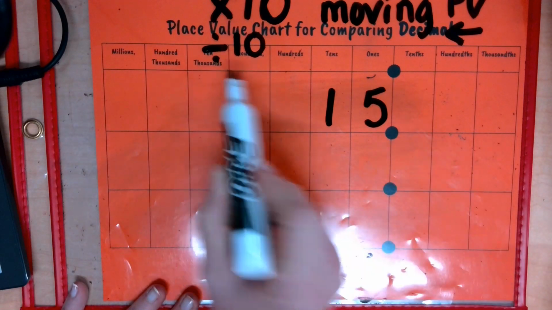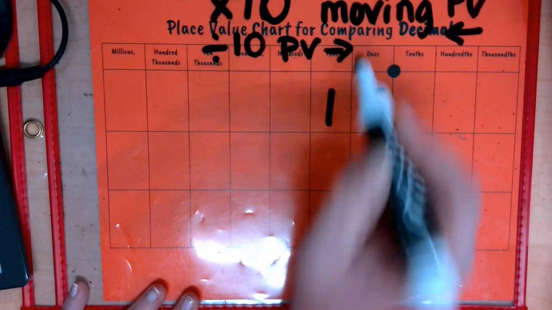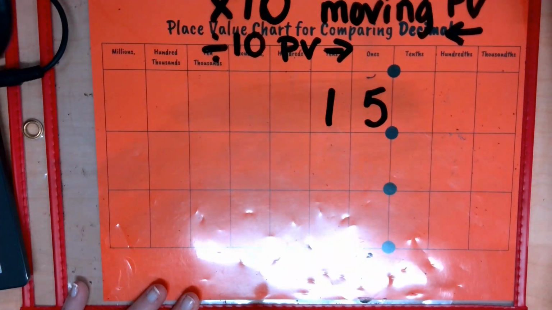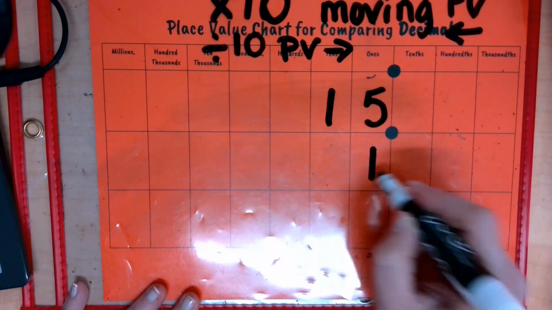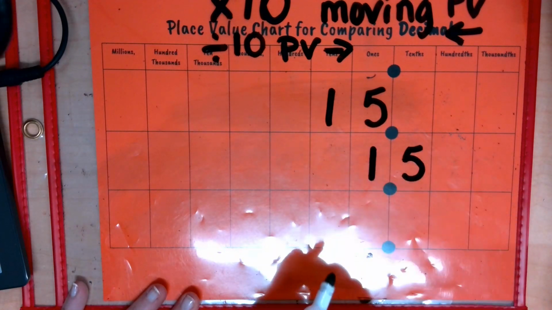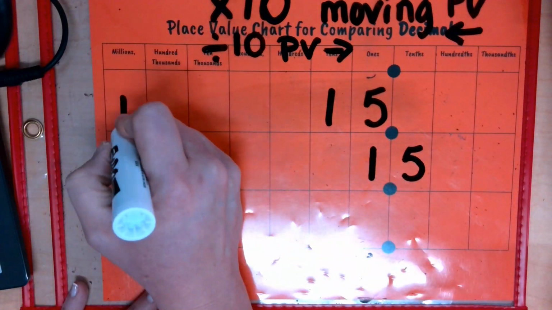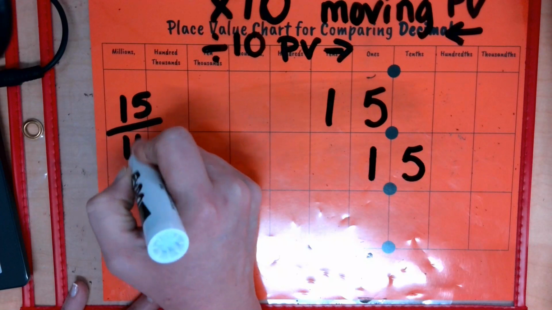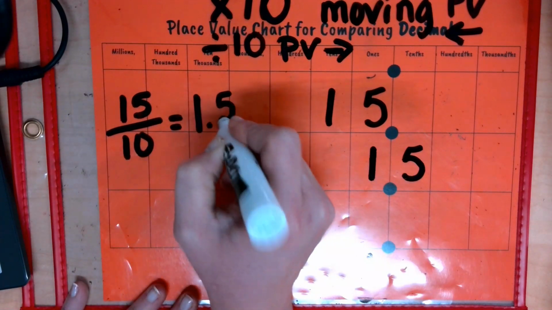Remember, dividing by 10, we're moving the place value to the right one place. So we keep the 15 together, but it all moves to the right one place value, because 15 divided by 10 is equal to 1 and 5/10.